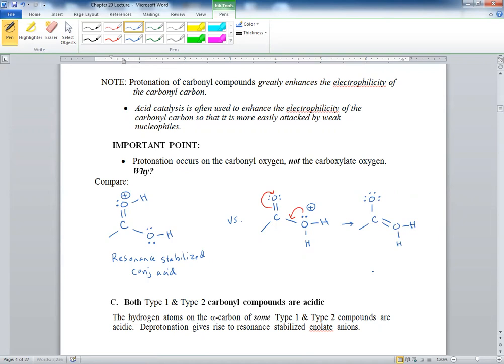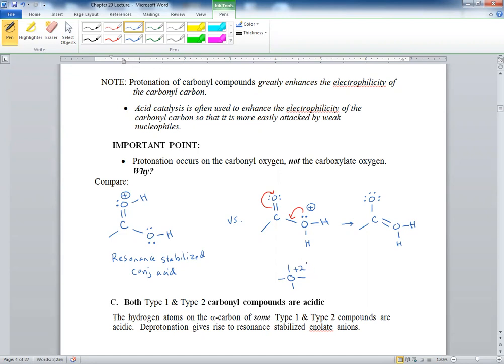We have a huge problem. And the huge problem is that this oxygen has 4 bonds. You will never in organic chemistry see oxygen with 4 bonds because this will end up with a positive 2 charge if you calculate the formal charge.